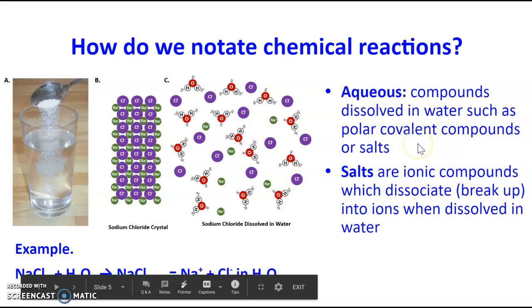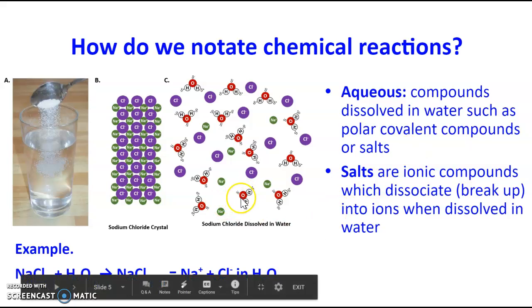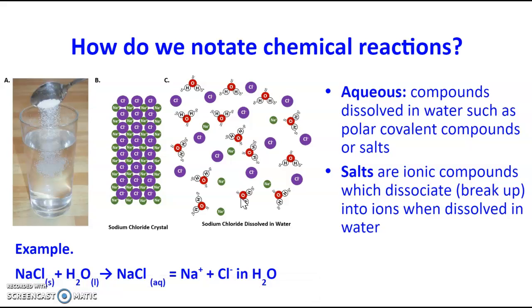Aqueous compounds are dissolved in water, such as polar covalent compounds or salts. Water dissolves things through interactions with its polar oxygen and its positive hydrogen end, and so it needs to have some type of positive and negative to interact with.